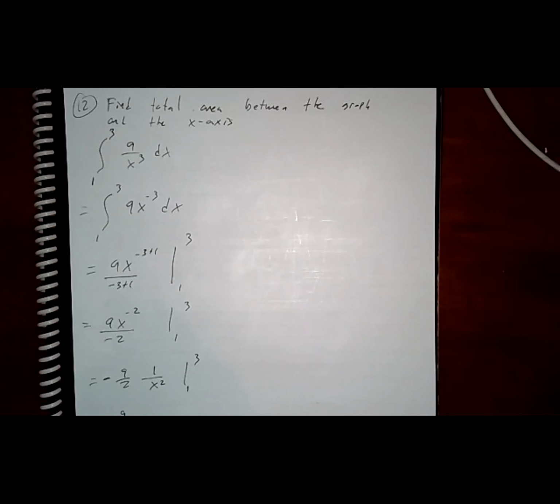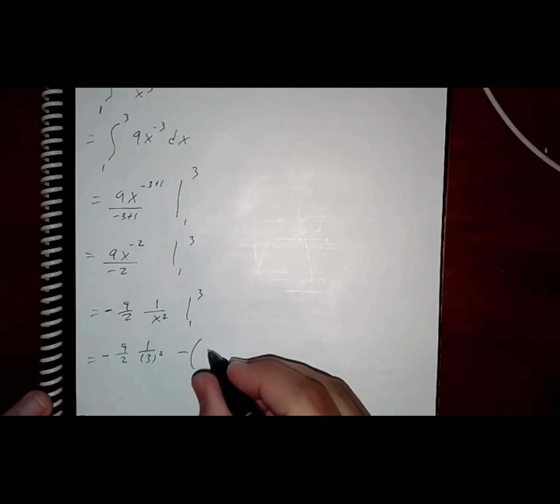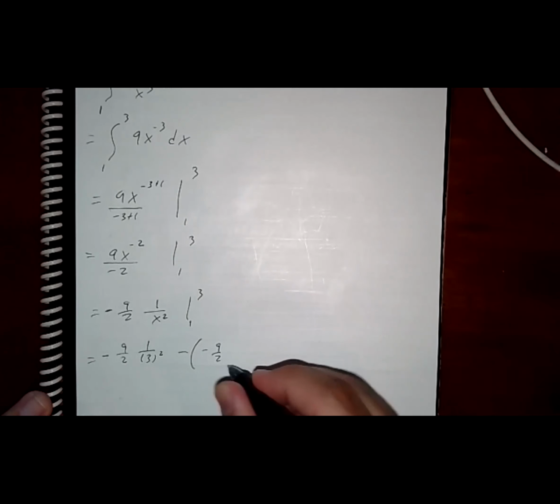So plug in the numbers. That'll be negative 9 over 2, 1 over 3 squared, minus negative 9 over 2, 1 over 1 squared, right?